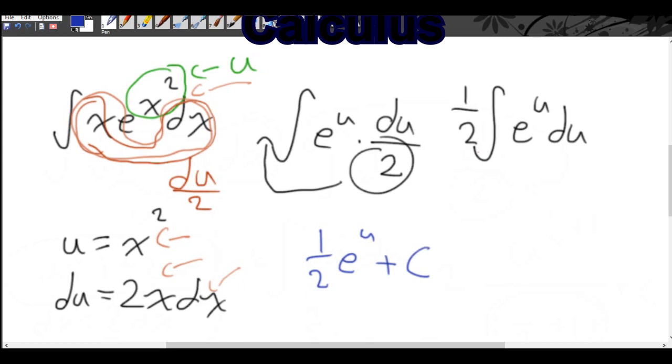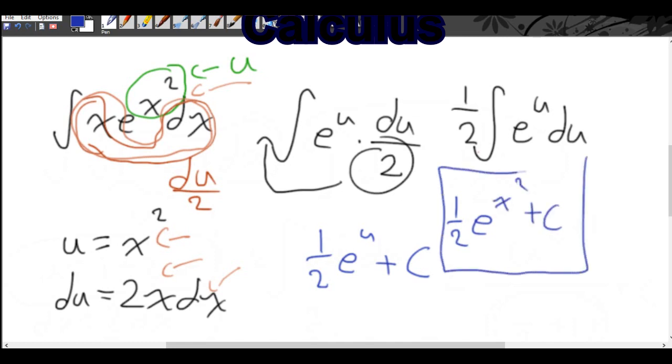And by the way, it doesn't matter whether it is the integral of e to the x or the derivative of e to the x, it's still going to be the same. And our u here is x squared, so that's going to be 1/2 e to the power of x squared plus c.